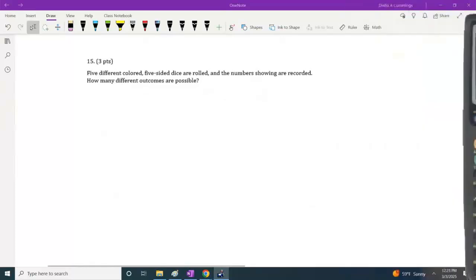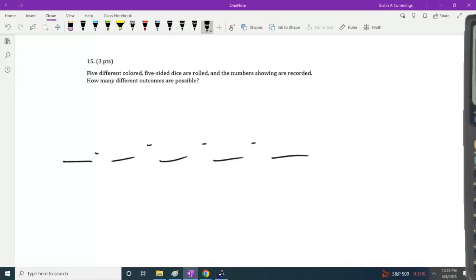All right, number 15. I believe this is one of the last problems we answered in the last class. It said 5 different colored 5-sided dice are rolled. We talked about the 5-sided dice. And the numbers showing are recorded. How many different possible outcomes? So since we have 5 dice in our hand, I'm going to map out 5 outcomes for 5 dice.